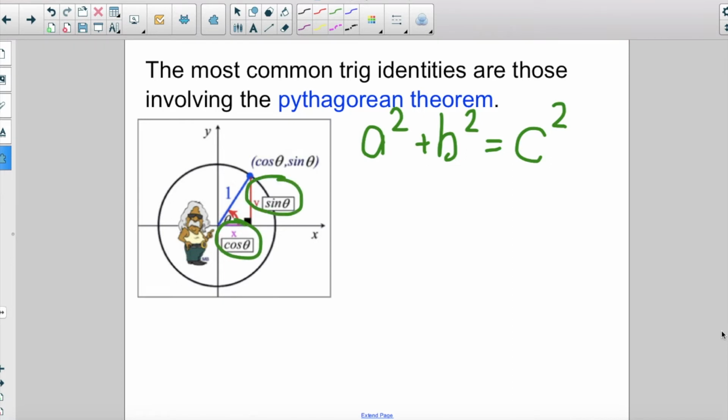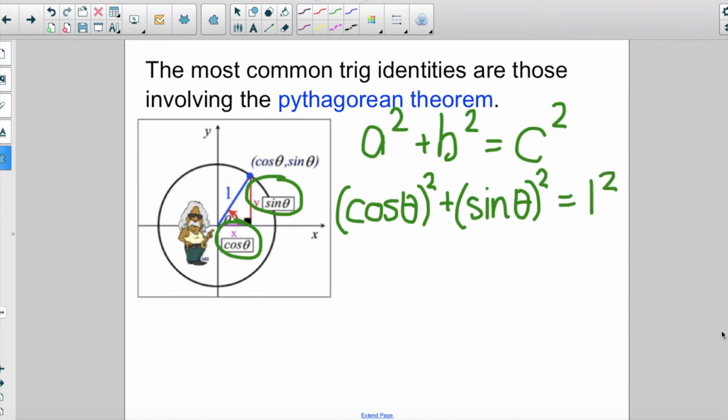So we're actually going to use those two values for a and b, cosine and sine. So a would be cosine of theta, and we're squaring it. B would be sine of theta, and we're squaring it. And see, our hypotenuse is 1, so it's equal to 1 squared.